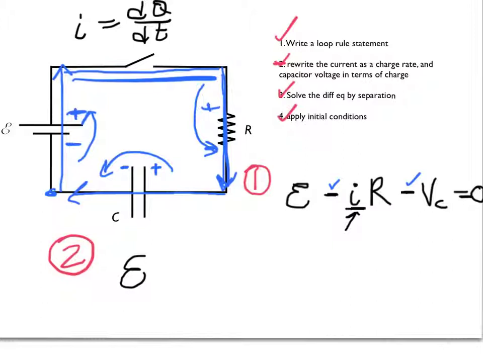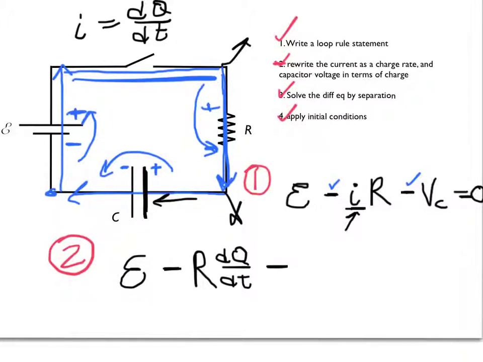What are those coulombs per second doing? They are going onto this capacitor, right? There's nowhere else for this charge to go. There are no other branches. It can't go there. It can't go here. So any charge that moves has to end up on this plate. So instead of saying I, we're going to say dq dt.